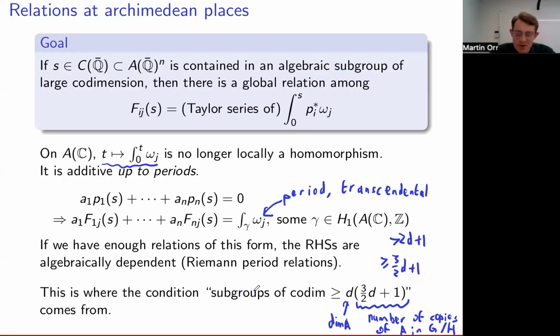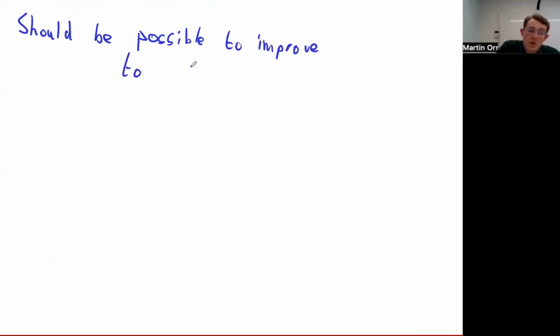It should be possible to improve this slightly. This is something I haven't done yet, but it should be possible to improve this to roughly D times D plus 1 as the codimension, maybe D times D plus 2. This would come from the fact that I've only talked about using holomorphic differential forms.